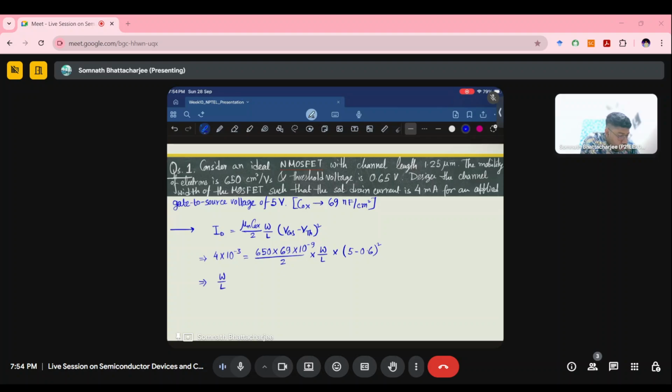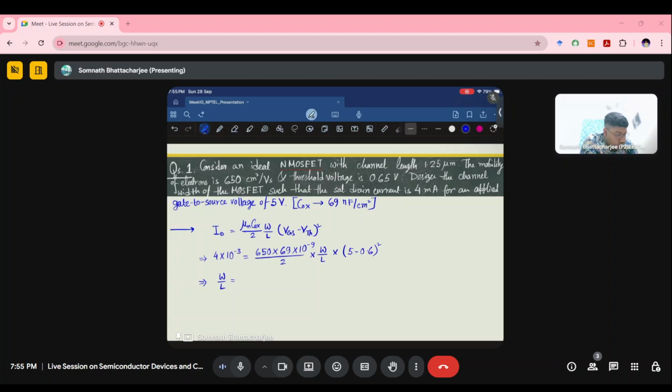So W by L equals, let me just use my calculator first. This will be 4 times 10 to the power of minus 3, multiplied by 2, divided by 650, divided by 69, divided by (5 minus 0.6) whole square, divided by 10 to the power of minus 9.